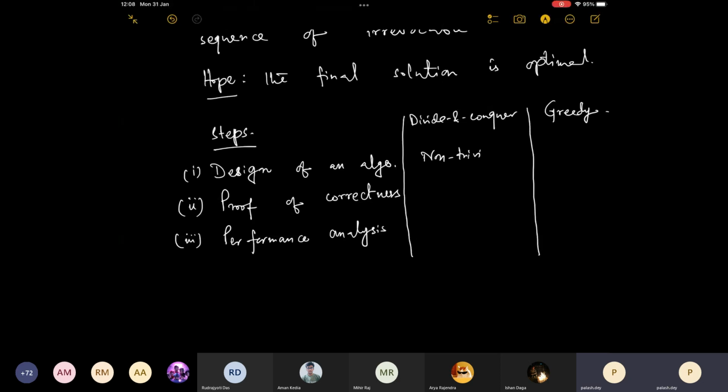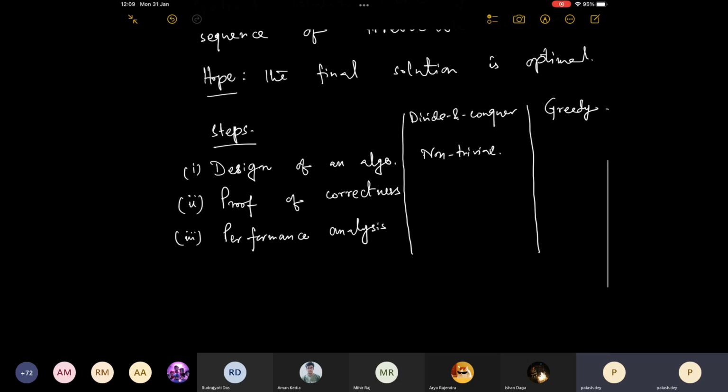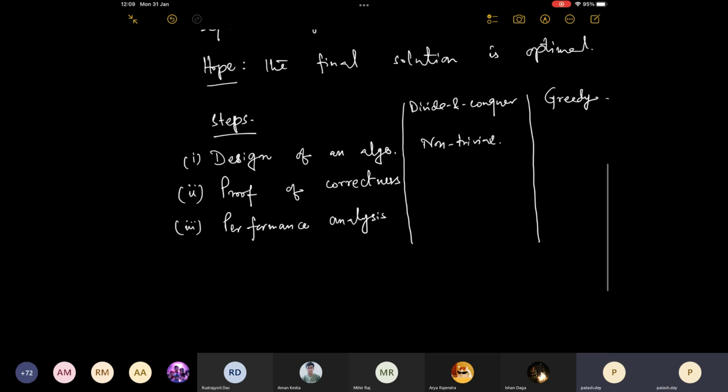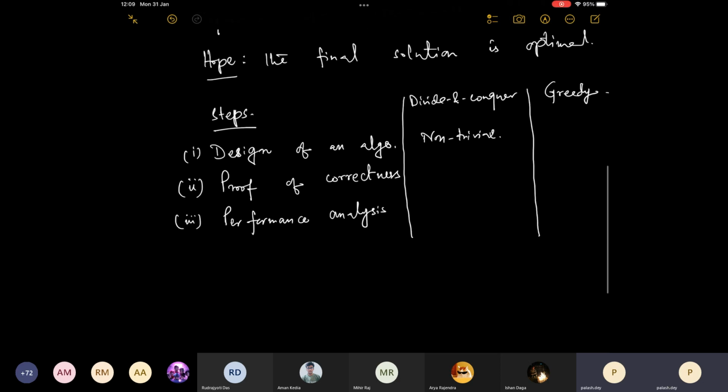Designing the algorithm is non-trivial. For example, if you look at Strassen's algorithm, the main non-triviality is in design of the algorithm.